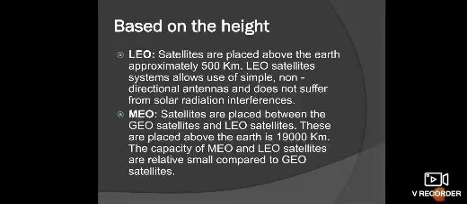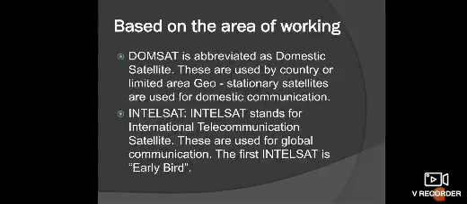The capacity of the MEO and LEO satellites is relatively small compared to GEO satellites. Okay, this is about satellites based on the height and based on the area of working.